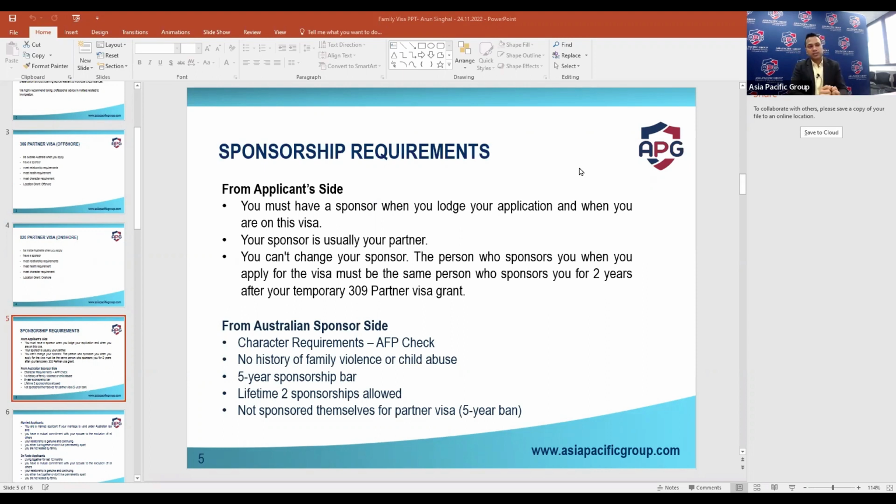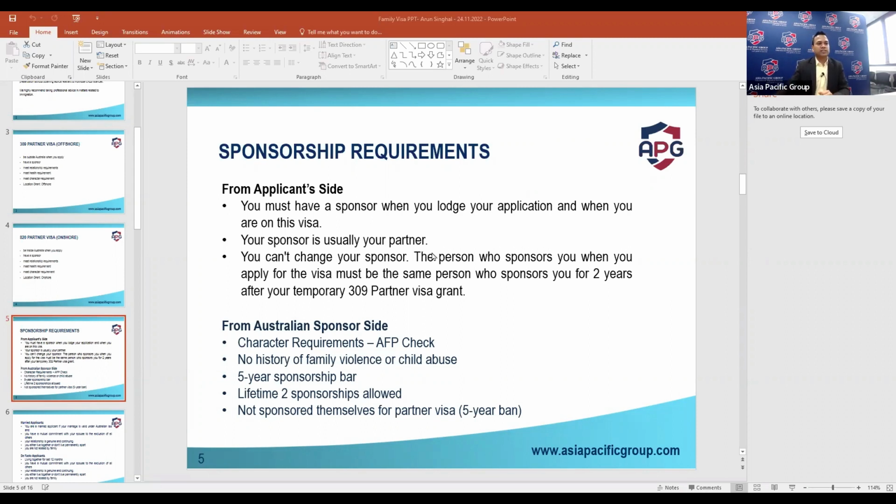When we say partner, it means usually a couple in a relationship. We'll talk more about the relationship further down. They can sponsor their partner. But in some cases, if the partner also has a child from a previous relationship, then that child can also be sponsored for a partner visa.